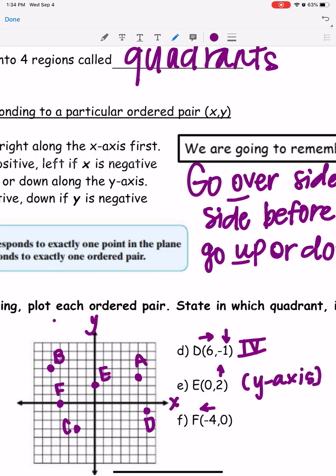Same thing, it's not really in a quadrant since it's on an axis. So if you wanted to write anything, this would just be your x-axis. And same thing, if you ever have 0 for your y, it's always going to be on the x-axis.